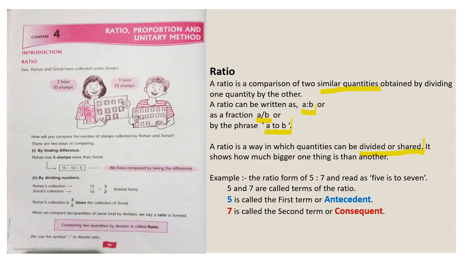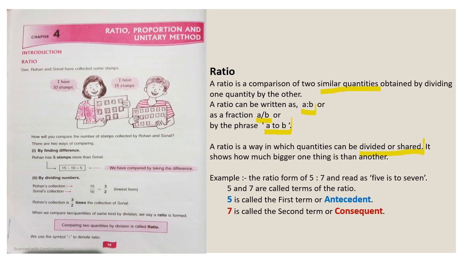It means ratio is a way in which quantities can be divided or shared. It shows how much bigger one thing is than another, and the comparison of the shared parts is shown in the form of ratio.